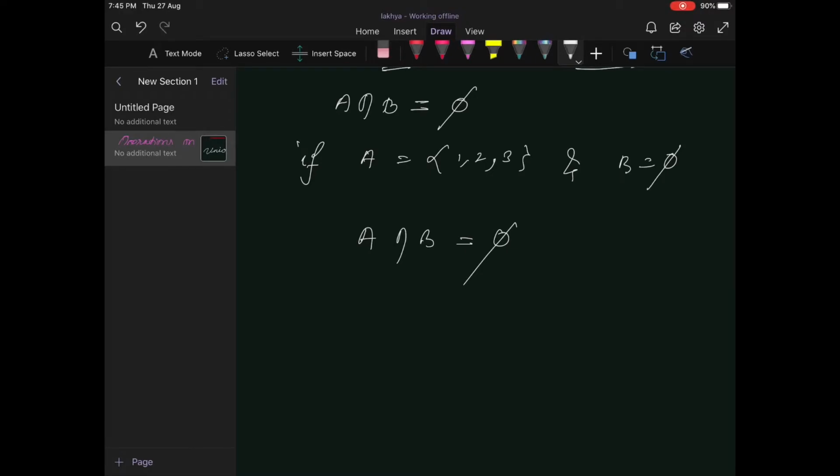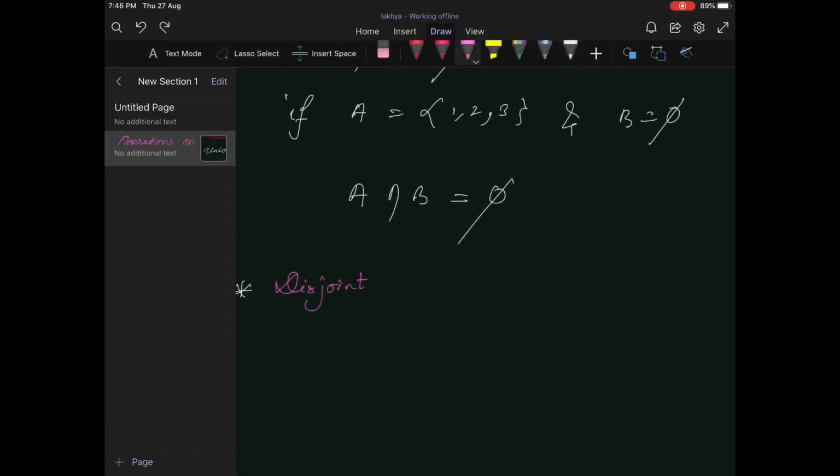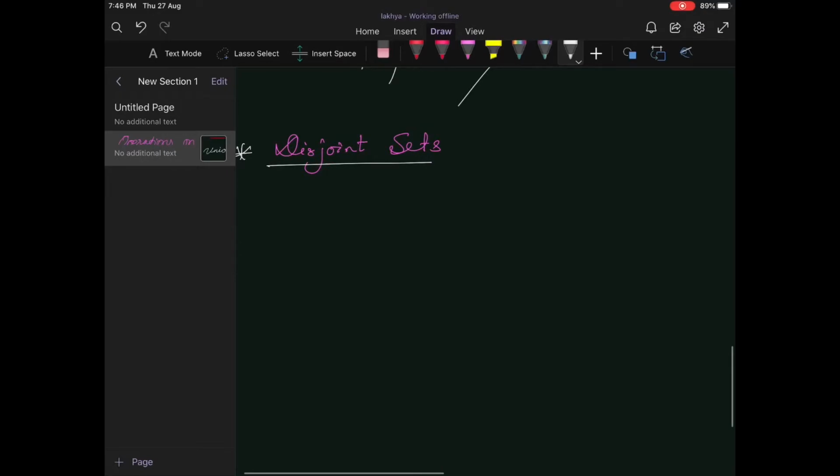Now you see, disjoint sets. Now we are going to discuss disjoint sets. Suppose we have two sets. A is equal to the set {1, 2, 3}.